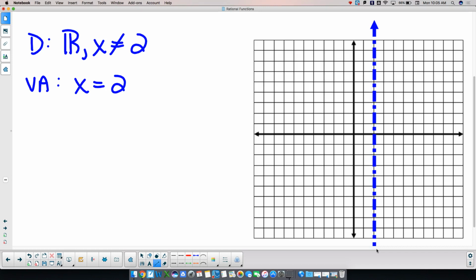Now, if you compare the 2 different graphs that we have, your graph paper has the thick, solid axes and the thick, solid grid lines, whereas if you look at your homework packet, those are the more transparent ones. On the tests from now on, it'll be the more transparent ones like on your homework packet. But for your notes, make sure you put it on there thick enough that you can see it. Fantastic. So that's step number 1.